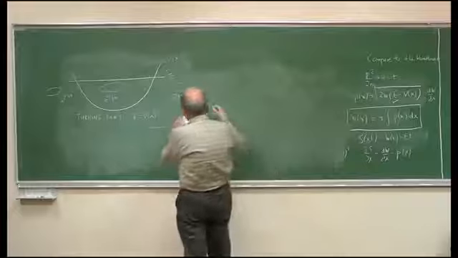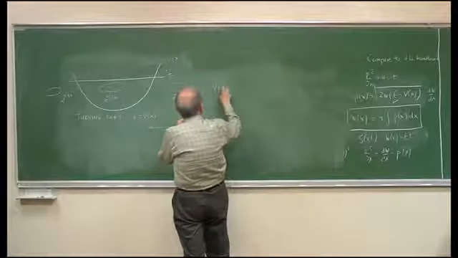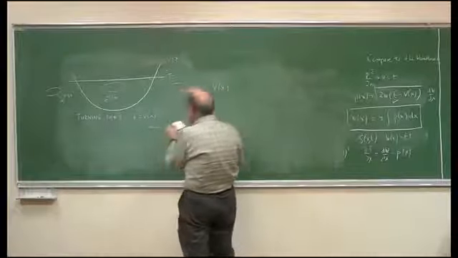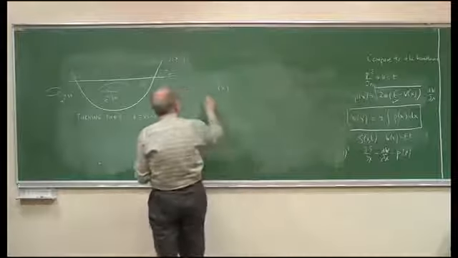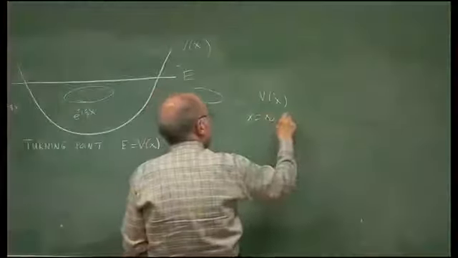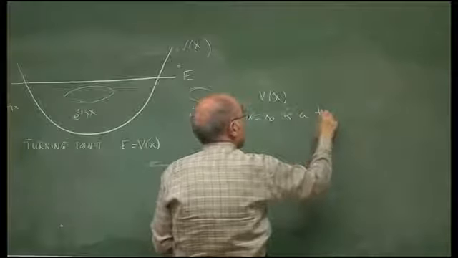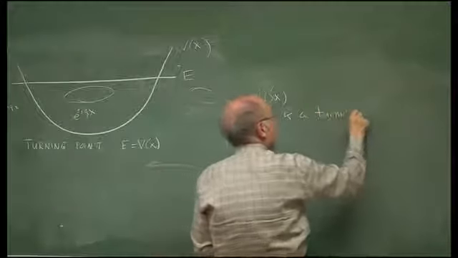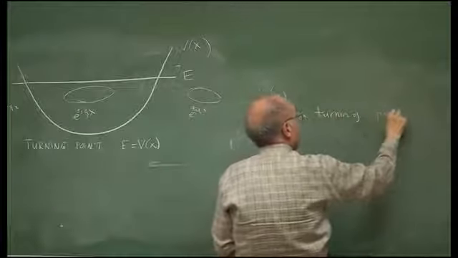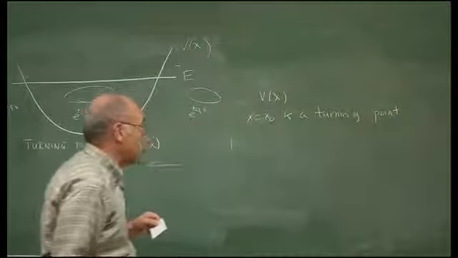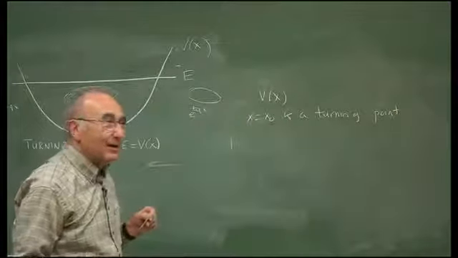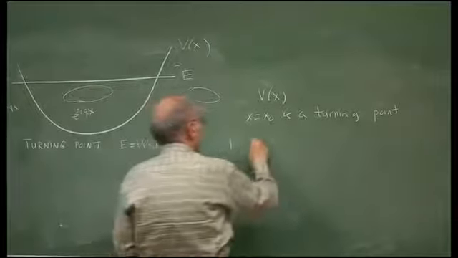Let's look at V of x. And let's assume that x equal to x0 is a turning point. Then, of course, we can make a Taylor expansion.